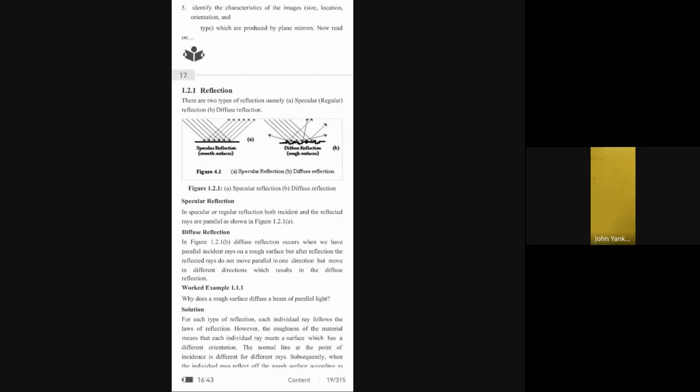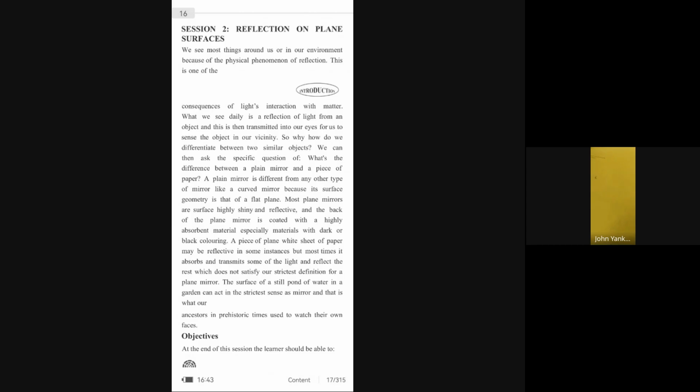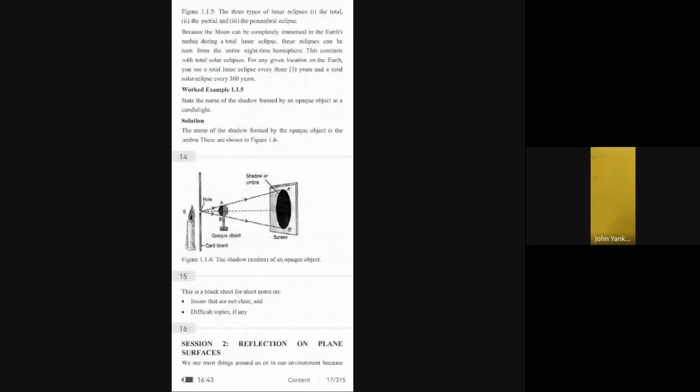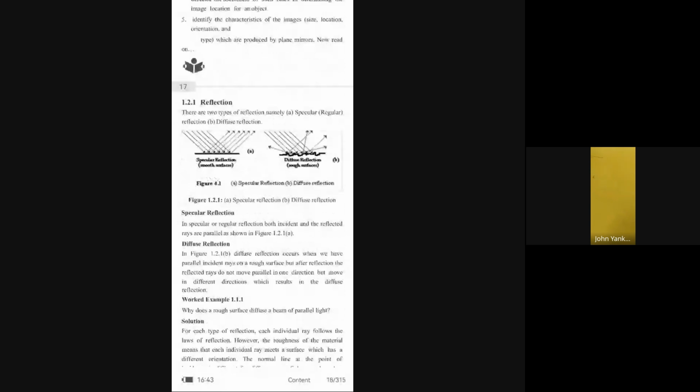But the reflection that occurs on a white sheet of paper, a white cloth, or a white marker board, which does not produce any clear image for you to see, is called irregular reflection or diffuse reflection.